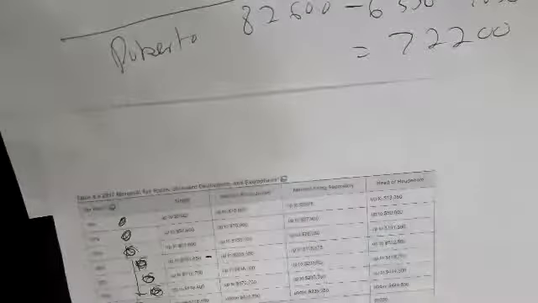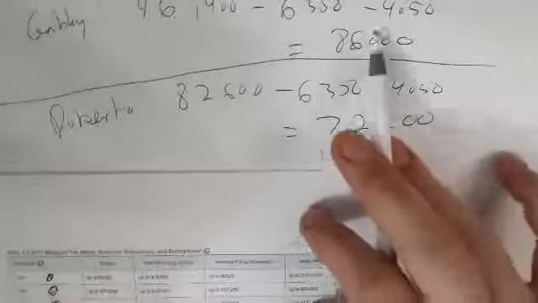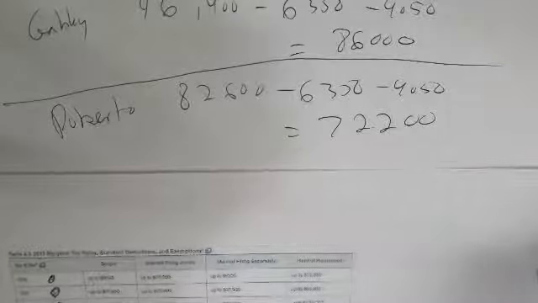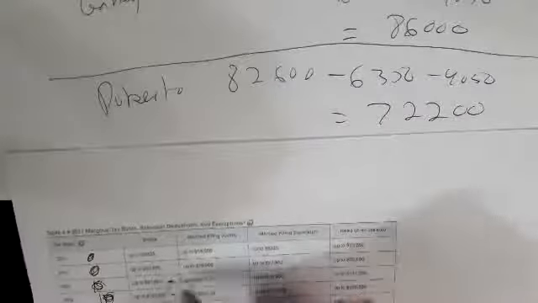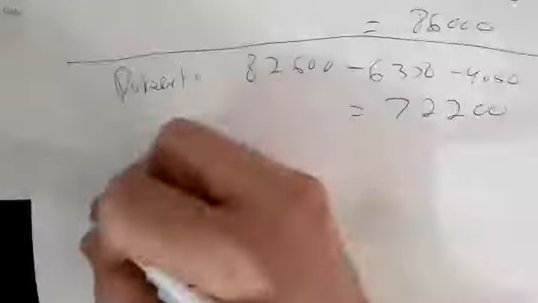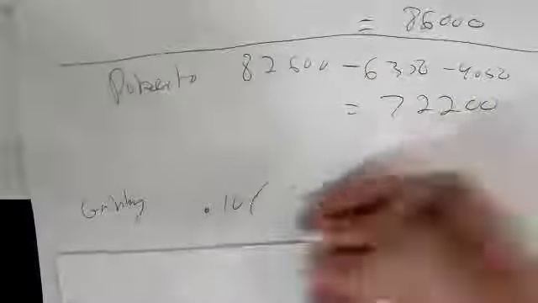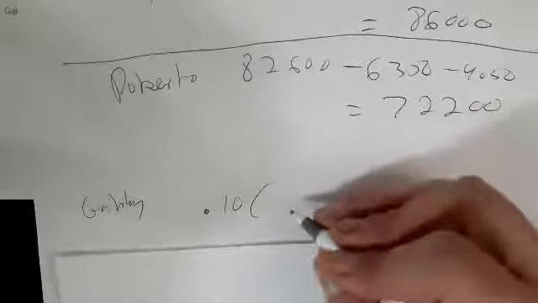Okay, and then we want to do their tax rates separately. So we have to find single taxes on the 86 and on the 72. It looks like they're both falling into the 25% bracket if I'm looking at my table. So I should have 3 brackets here. For Gabby, I'm doing 10% on the first 9,325.